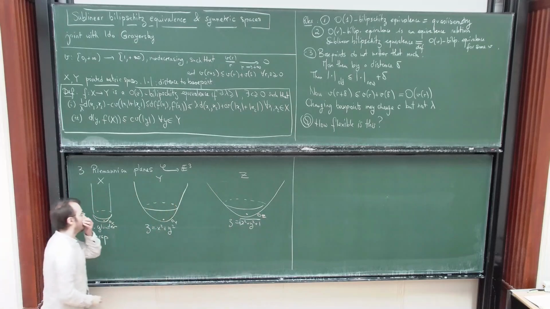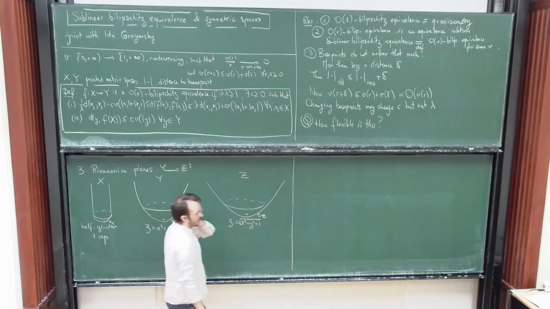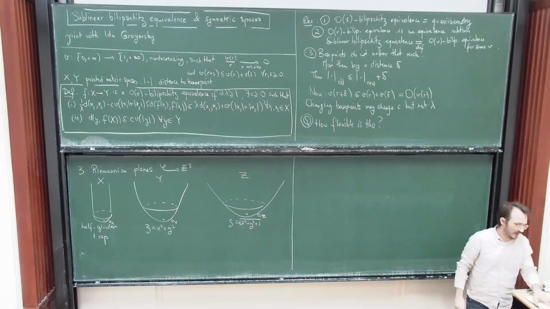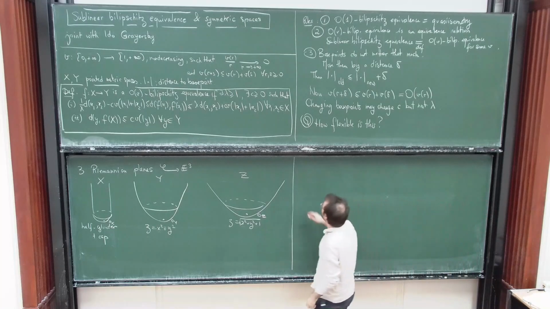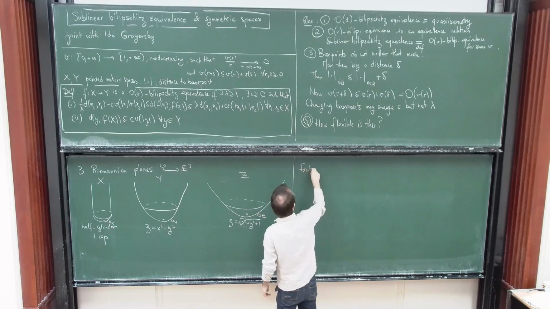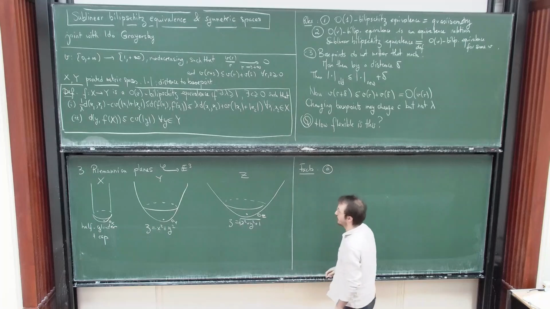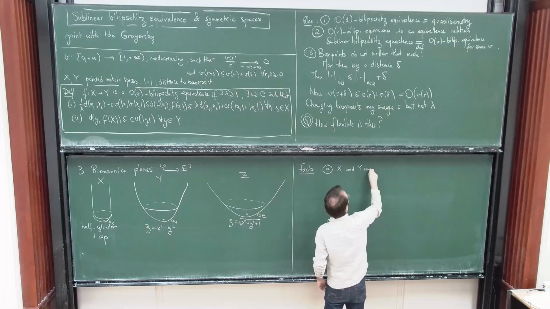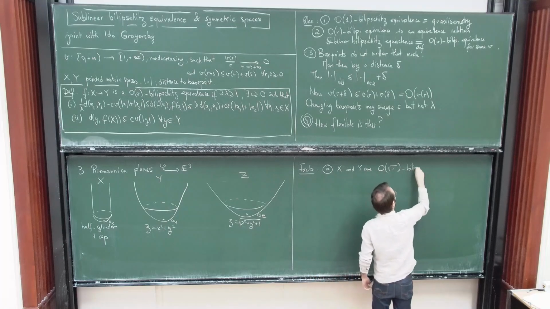And the point now is to figure out which of them are sublinear bilipschitz equivalent. I will state the solution and say how we do that. So, three facts. The first thing I want to point out is that X and Y are SBE, sublinear bilipschitz equivalent.